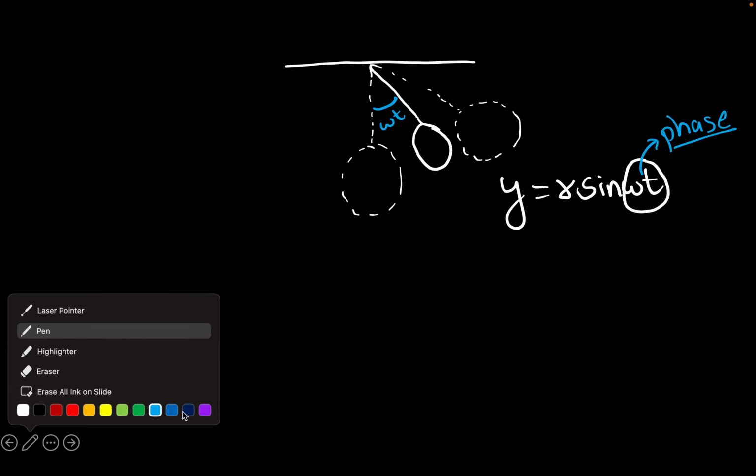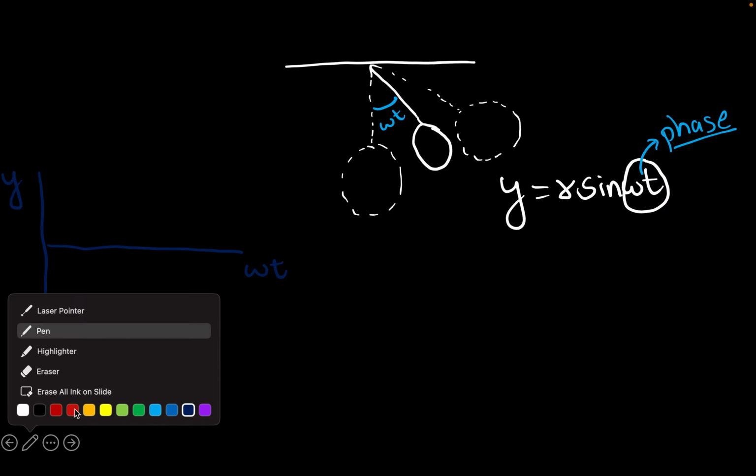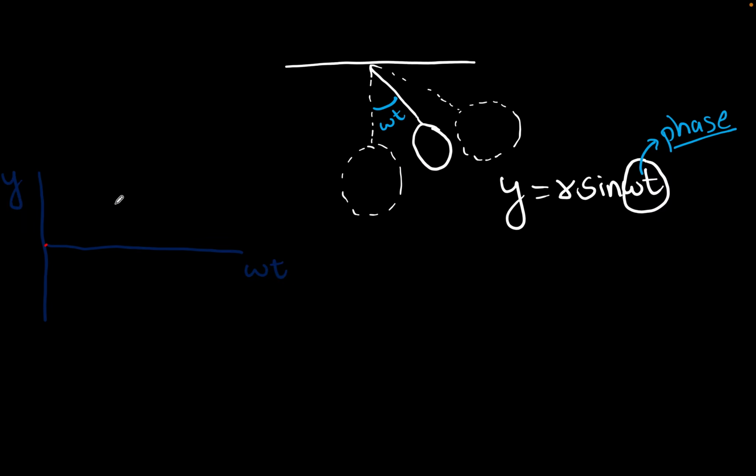So if we were to plot the motion of simple pendulum in the graph, this is our omega t and this is our y. We know that at first the pendulum is at rest. So from here it moves up till maximum displacement, that is our amplitude, and it just moves like this continuously.